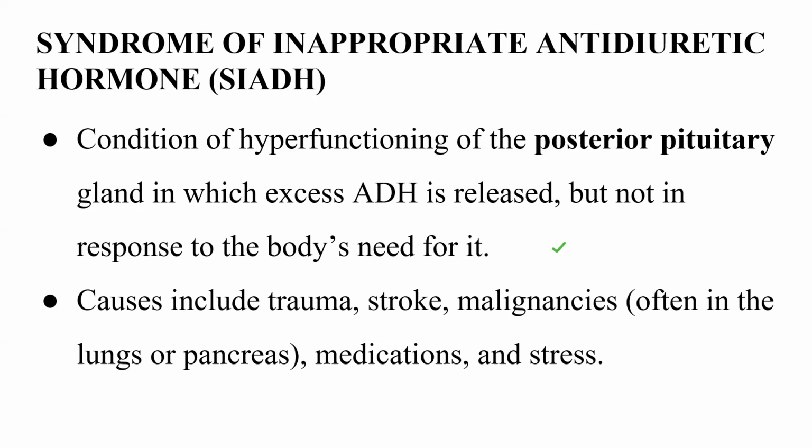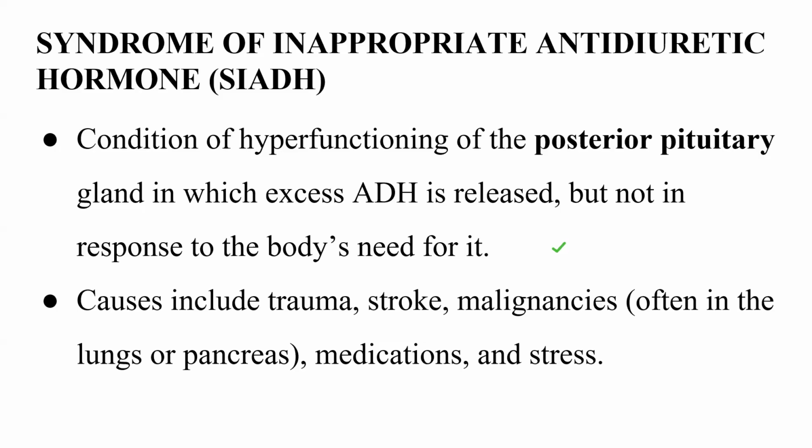SIADH is the hyperfunctioning of the pituitary gland, in which excess antidiuretic hormone is released, but not in response to body need. The body does not need the excess, but the posterior pituitary gland is malfunctioning by producing excess antidiuretic hormone.